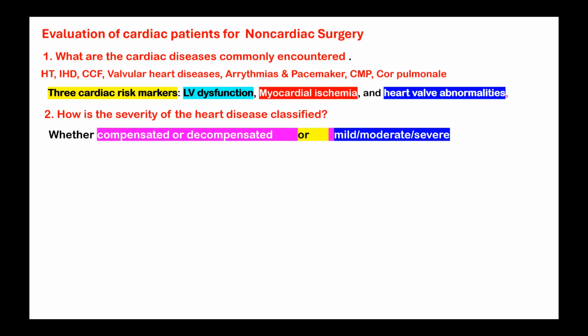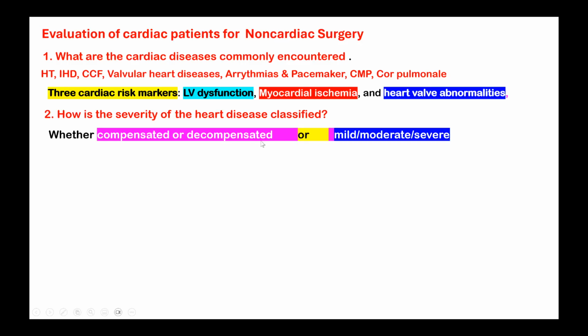That can be done in two forms. One, whether it is a compensated cardiac disease or a decompensated one. Decompensated means the patient has inadequate physical effort tolerance, and he will always have some amount of tachypnea, hypoxemia, pulmonary edema and peripheral edema.